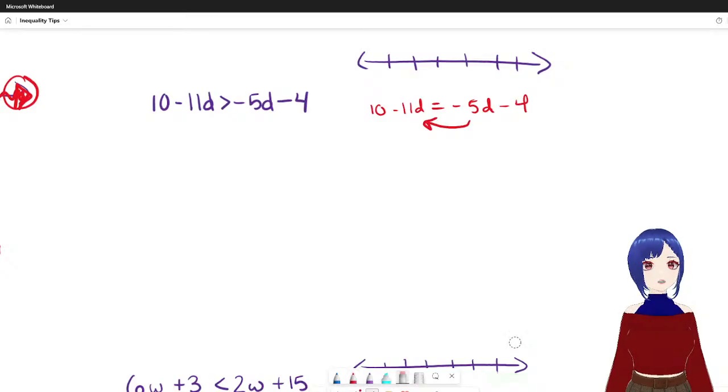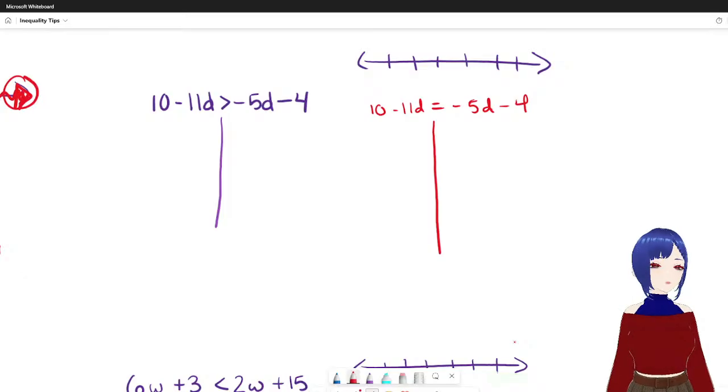And when we move things across the equal sign or the inequality, we always have to do the opposite operation. The opposite of subtracting 5d is adding it, so we're going to add 5d to both sides. And remember, because it says -11, you want to treat it like a -11.